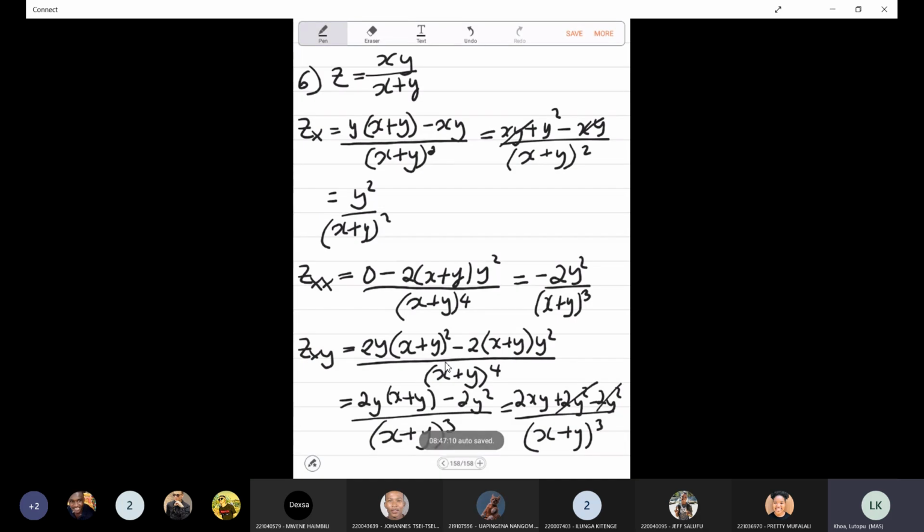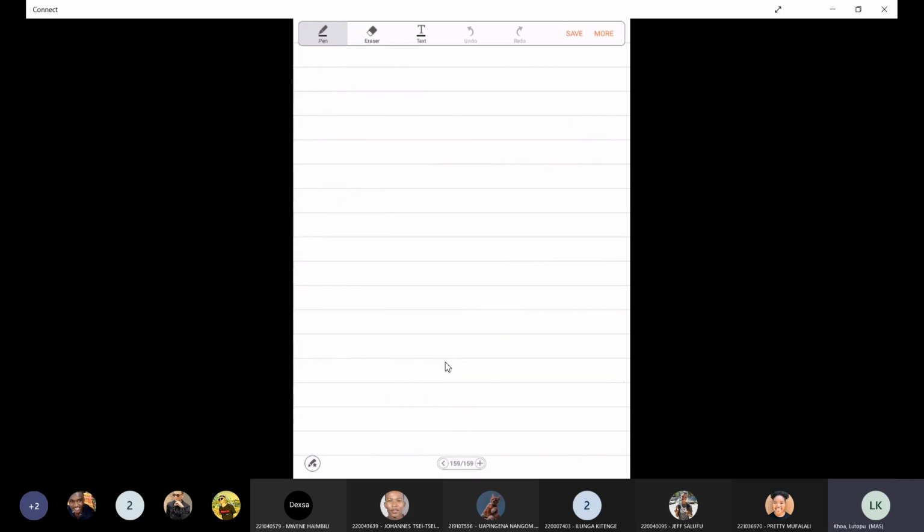Like I said, the 2y squareds will cancel, and I will be left with 2xy over x plus y to the power of 3. So my zxy is 2xy over x plus y to the power of 3.